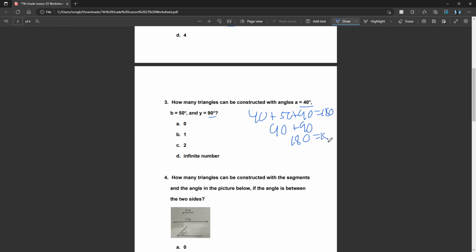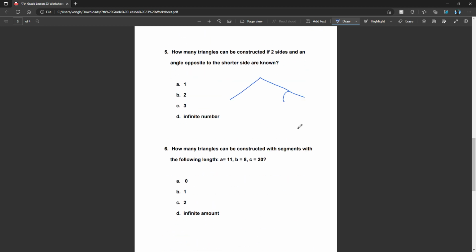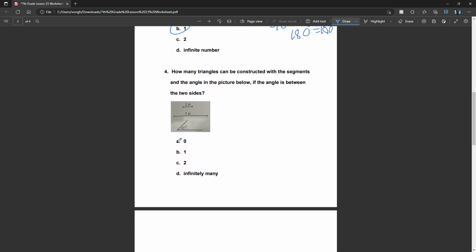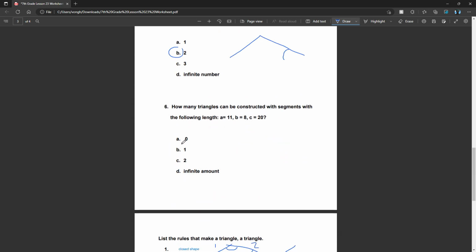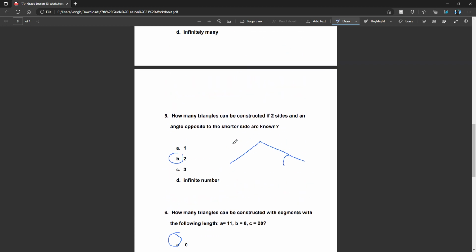That's equal to 180. And it's just going to be 1 because the angles don't affect the lengths, so you can't really tell if it can create more than one triangle. Try 4, 5, and 6 on your own. The answers: 4 should be B, 5 should be B, and then 6 should be A. Try them on your own and see what you get.